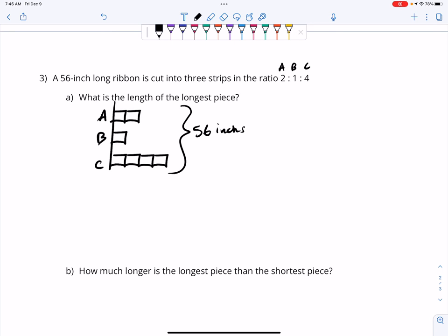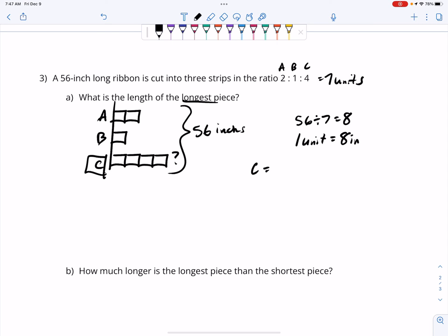And we want to know the length of the longest piece, which in this case is going to be piece C. So in our bar model here, we have 56 total inches, and if I add these up, 2 plus 1 plus 4, that equals 7 units in the whole bar. So 56 divided by 7 is 8. So 1 unit equals 8 inches.